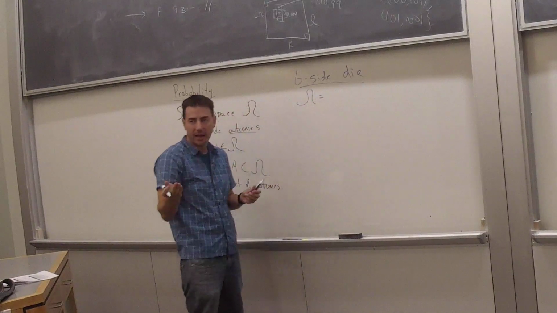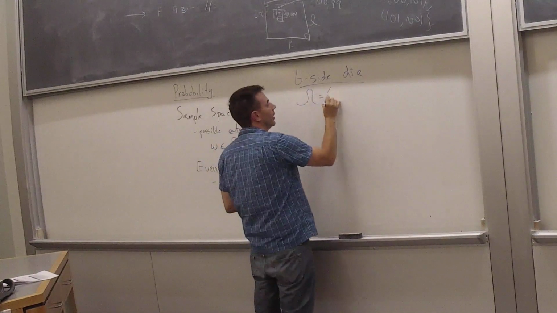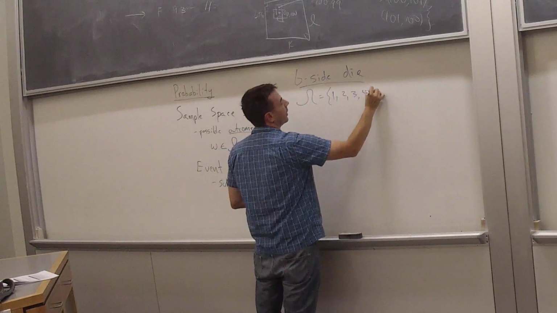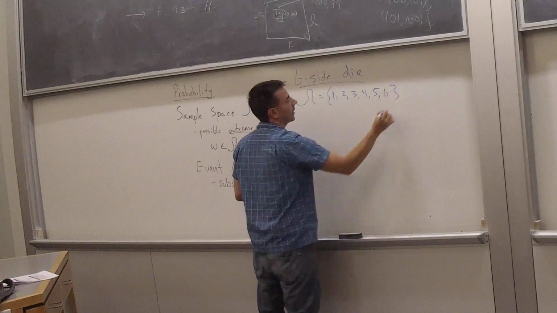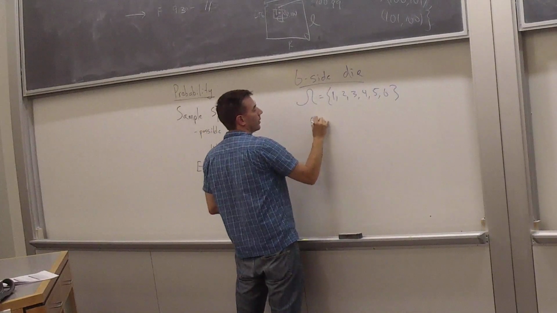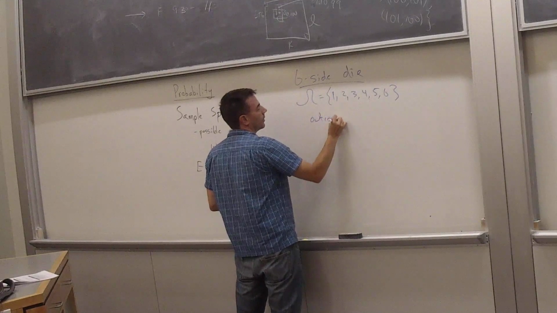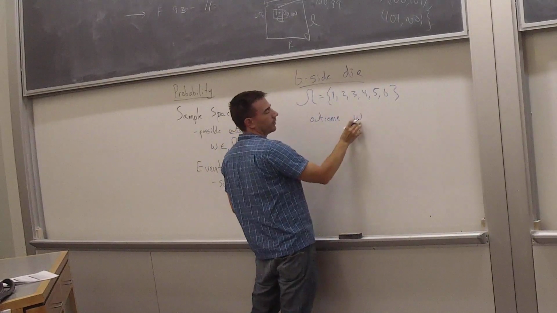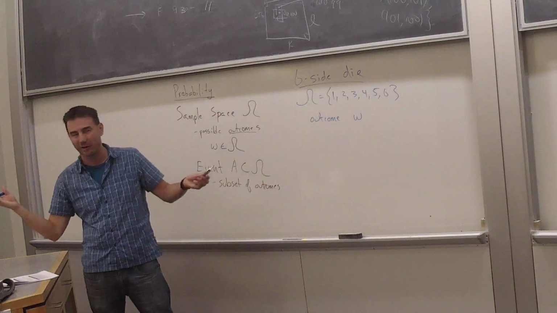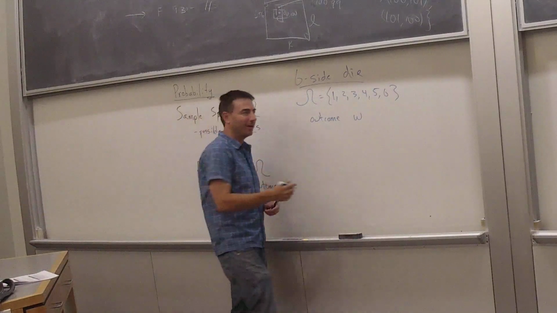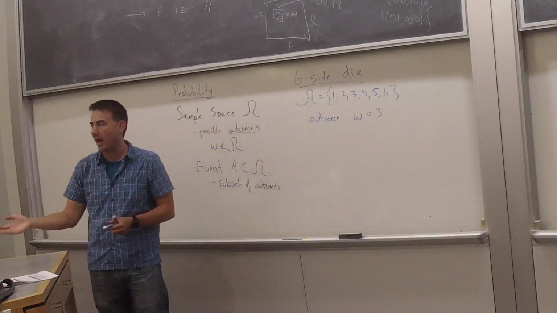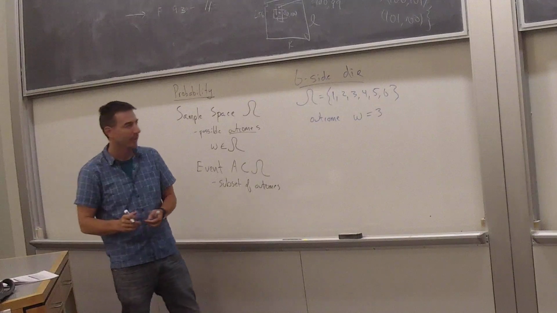If I roll the die, the sample space is going to be 1, 2, 3, 4, 5, and 6. An outcome, omega, which when I write it on the board looks kind of like a W, is possibly 3. I could roll the die and get a 3.